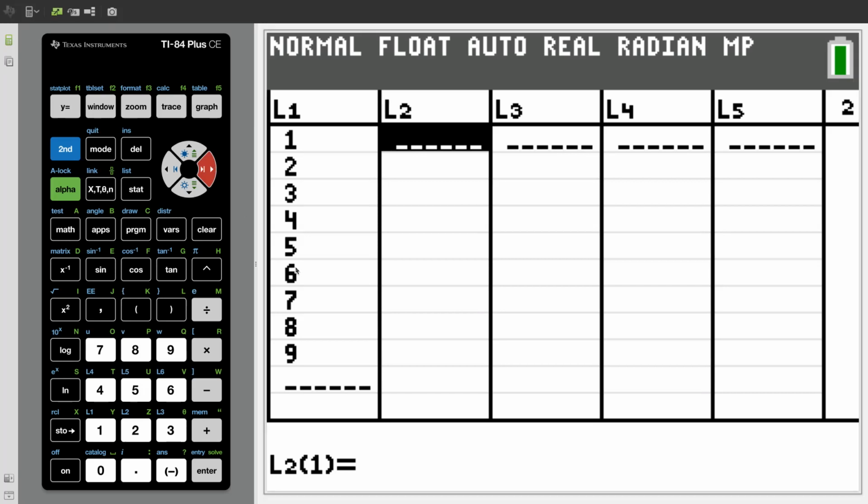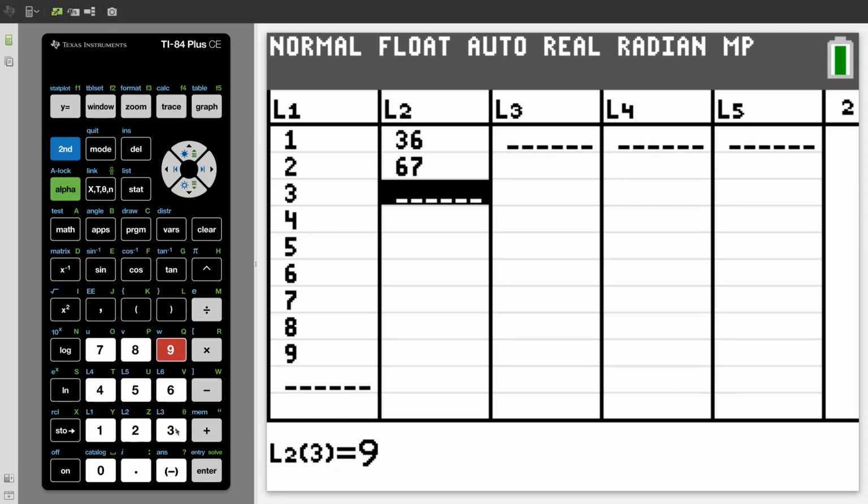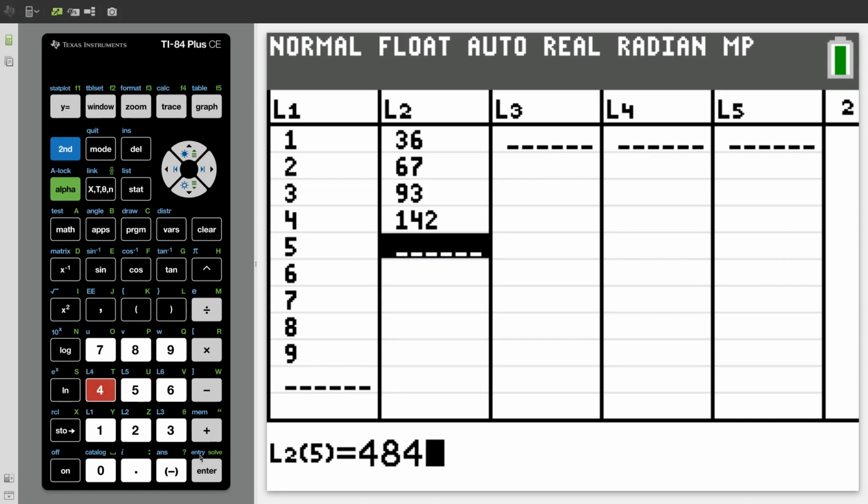Mercury is 36 million miles away from the sun. Venus, which is the next one, is 67 million miles away. The next one is Earth, that's us, 93 million miles away. Mars is 142 million miles away. Then Jupiter is 484.